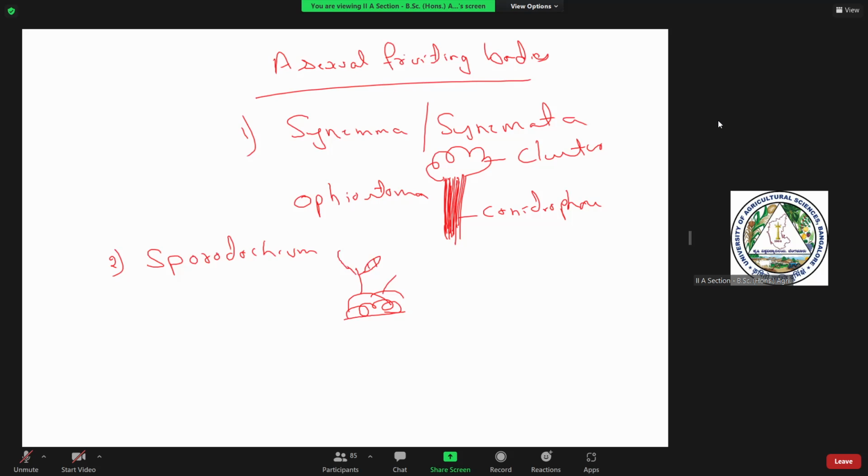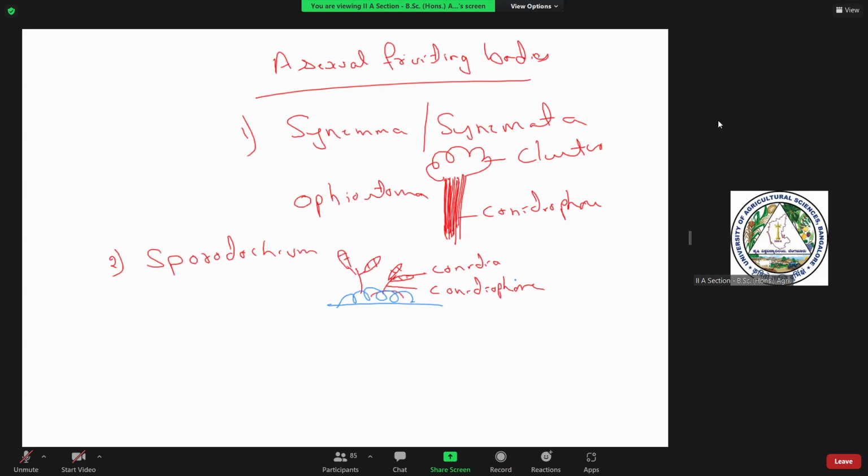The conidiophores and the conidia are in clusters, on a cushion-like structure from which the conidia come out.